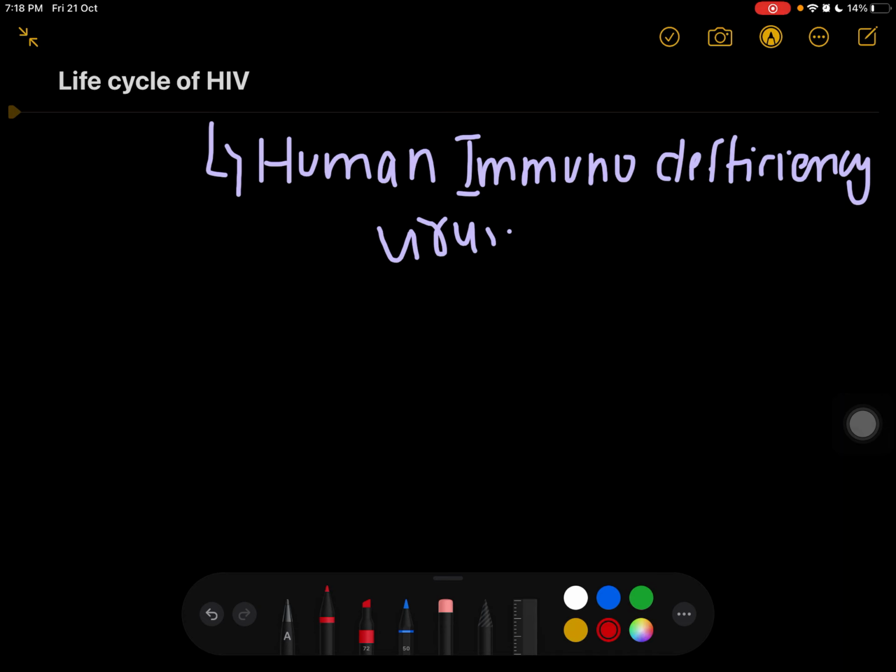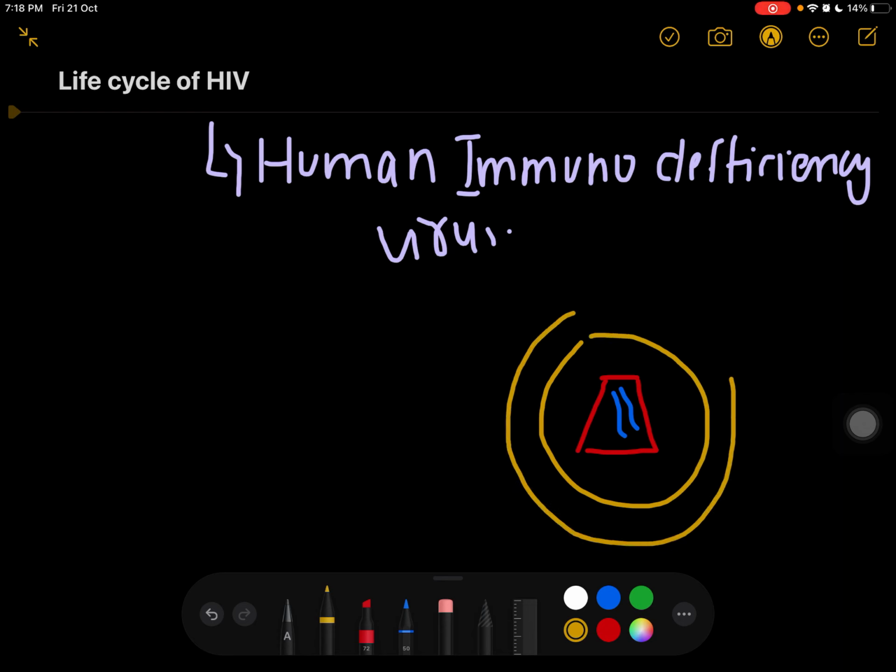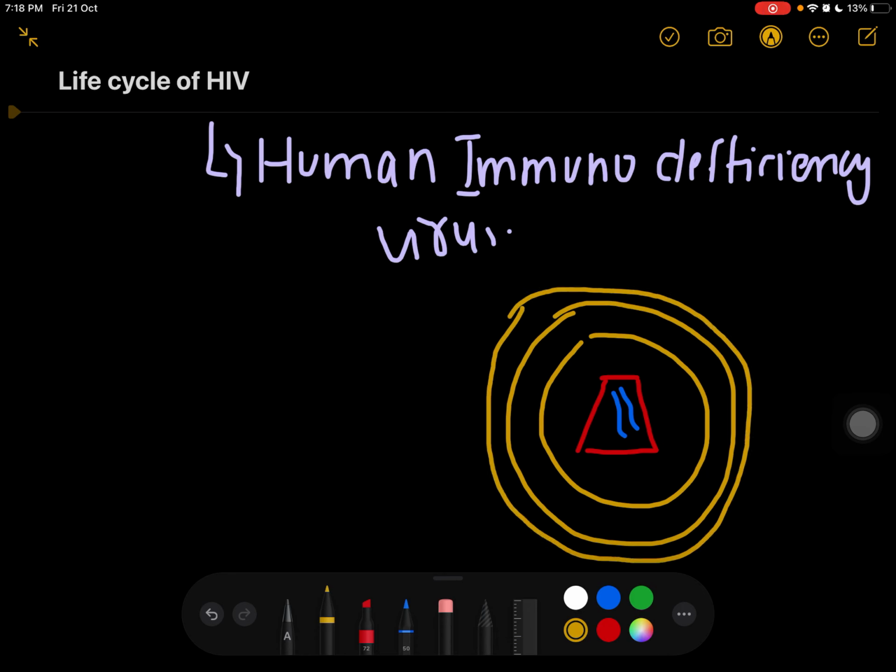So let me recall that structure. Here this is the capsid, and there are two single-stranded RNA in this. Then we have the matrix protein over here. Then we have the double membrane, this is the envelope.